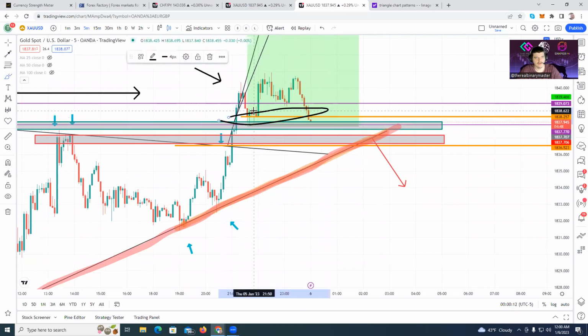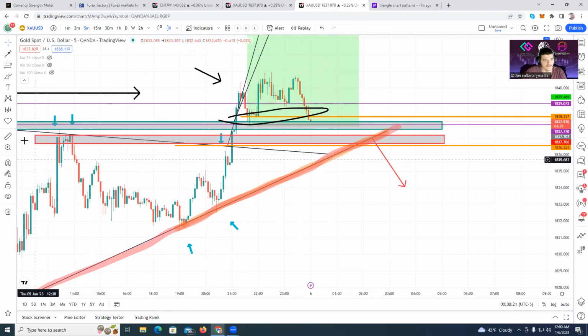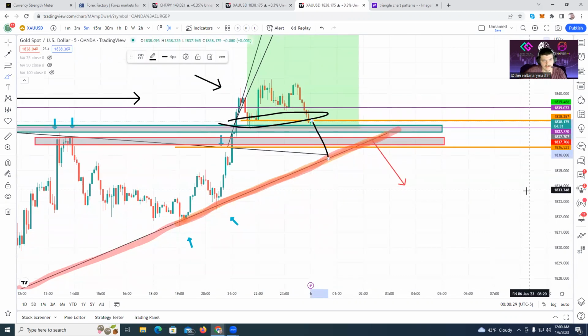We have a clean break above this area. So at that point, we're out of our buys, right? Now, knowing that we have a support area here that price could pull down to, we're breaking the structure. We know the price is going to drop. So we could sell down to this area, okay?